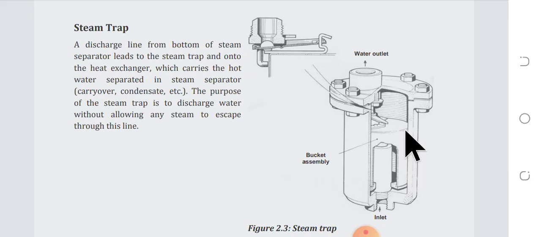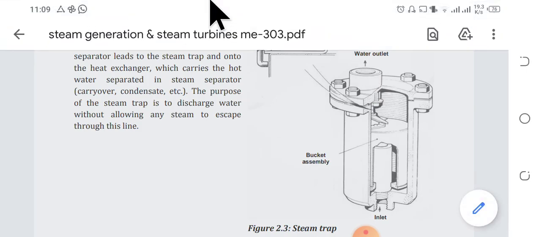But when the level is rising, the inverted bucket also rises, and this valve becomes open. So by the pressure of steam, the condensate collecting in this steam trap is moved outside of the steam trap. You can see many videos on YouTube about the working principle of the steam trap. They have animations of how the condensate comes inside the steam trap and leaves the system.